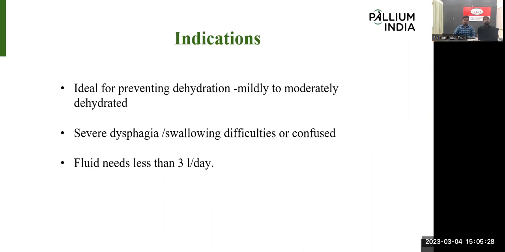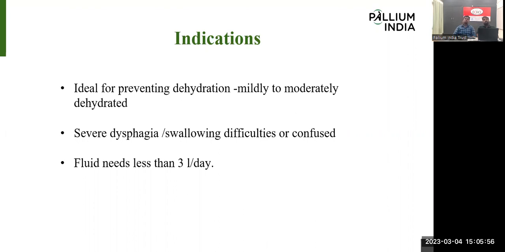Now, what are the main importance of the subcutaneous route of administration in palliative care? First, if we see a patient with dehydration, where the dehydration level is mild to moderate, for rehydration purposes we can give the infusion by the subcutaneous route.